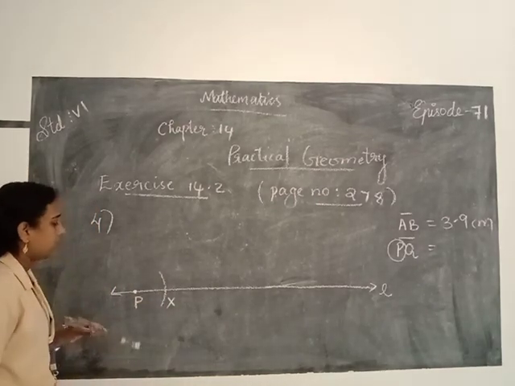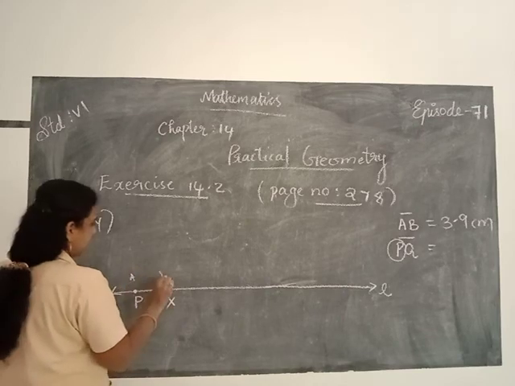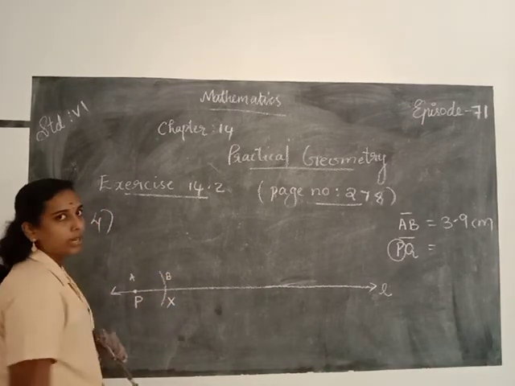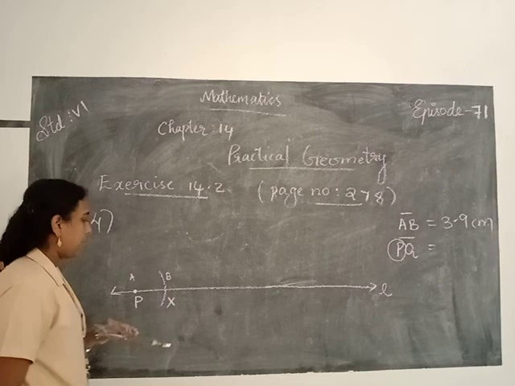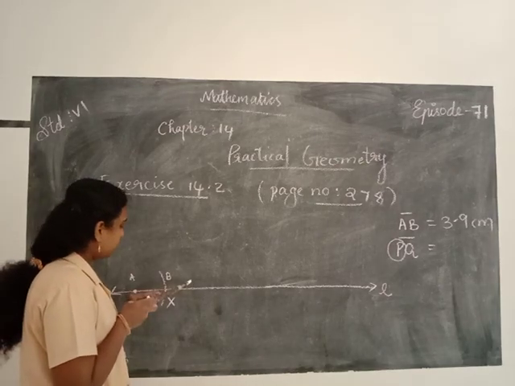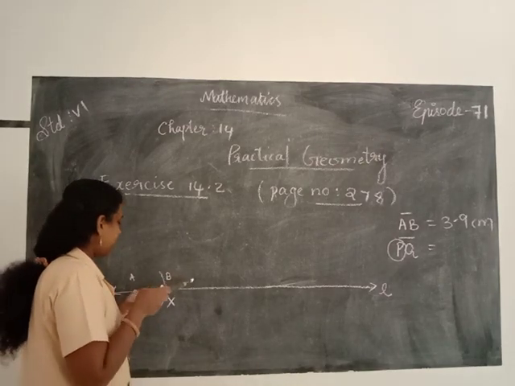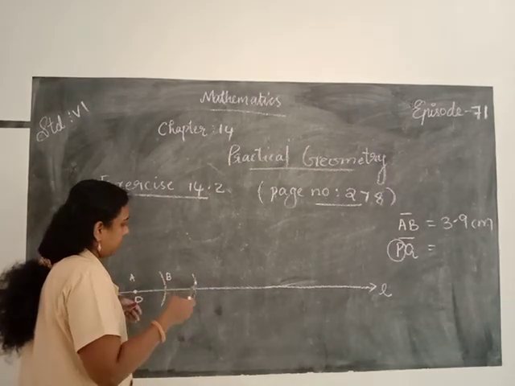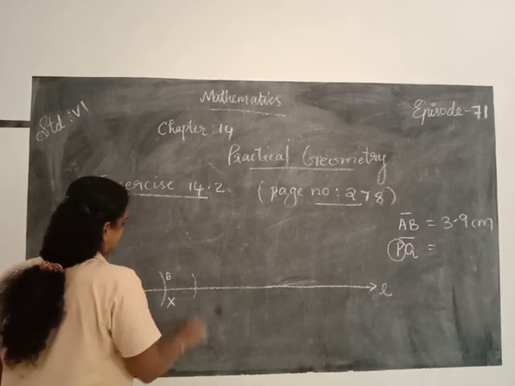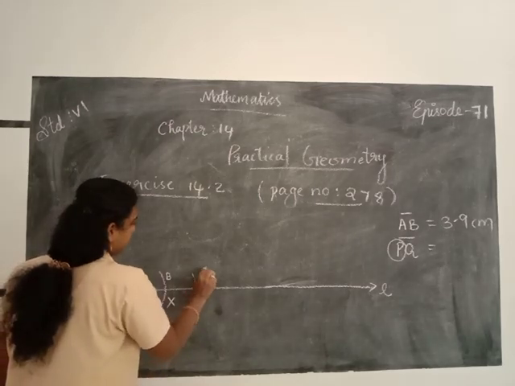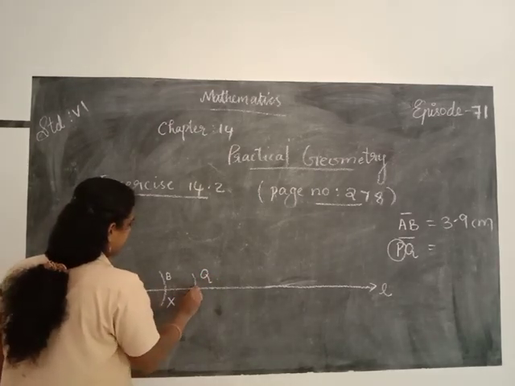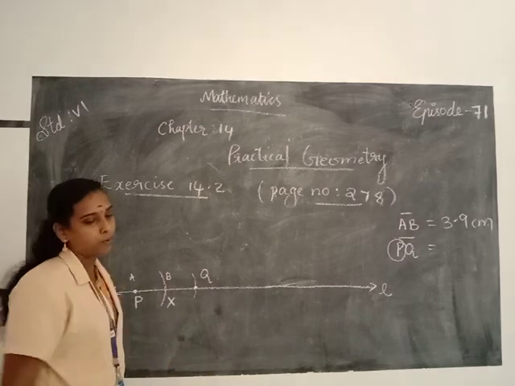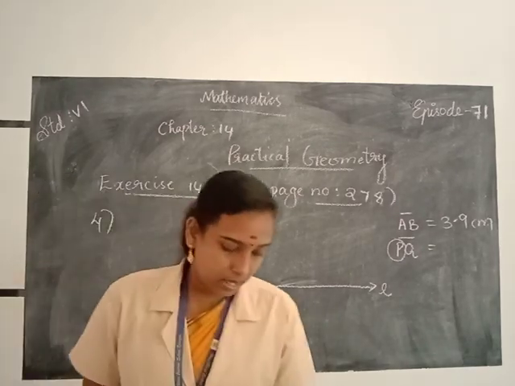Okay, then if this line segment AB is equal to 3.9 centimeter, then you place the pointer at the point X with the same length, then you make a mark here. Then you get point Q. And this line segment PQ is twice 3.9 centimeter.